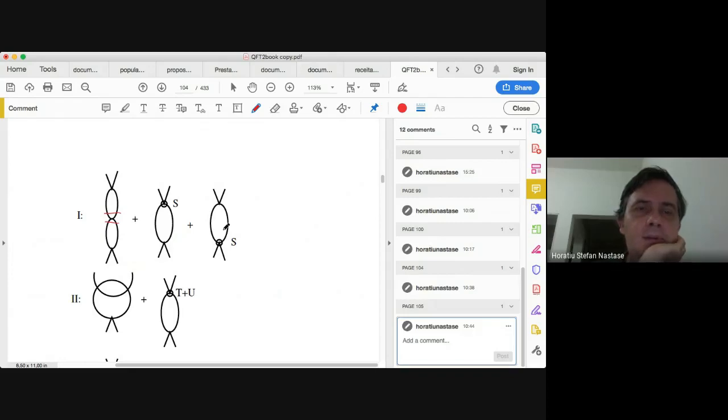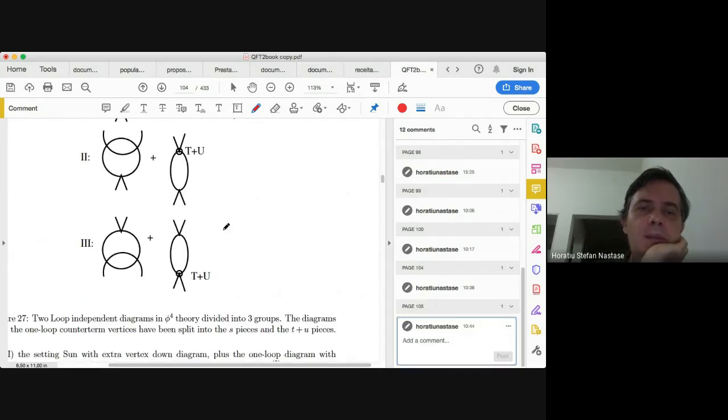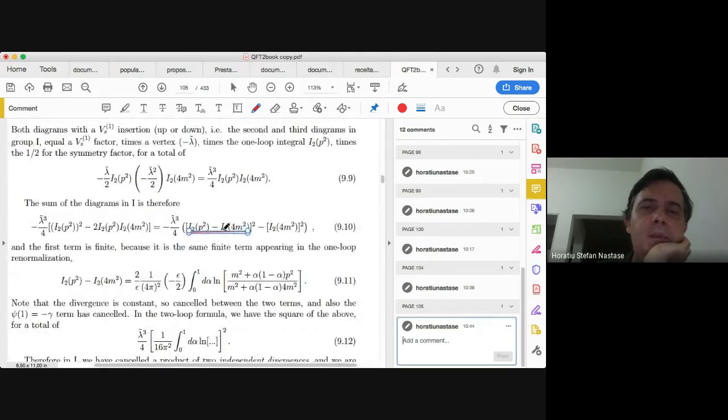But we're also left with this term, which is constant, meaning it doesn't depend on p squared, but it's still divergent in the sense that it's 1 over epsilon. However, this is squared, so it's actually 1 over epsilon squared.